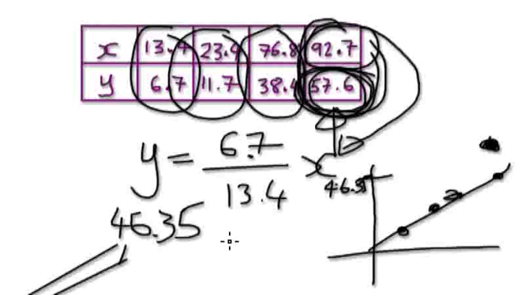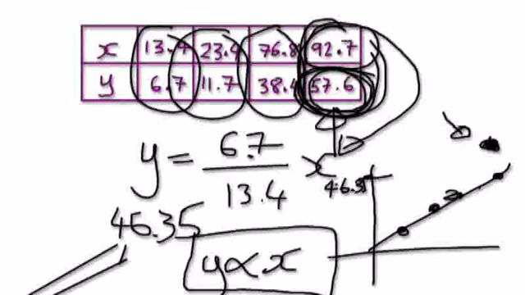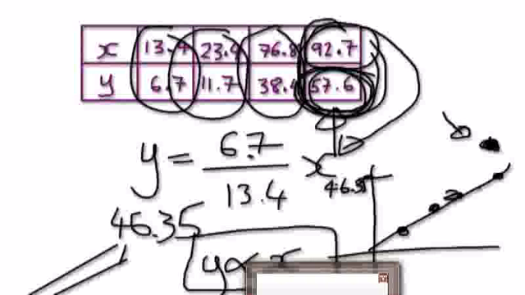So you cannot say y is directly proportional to x, because if y is directly proportional to x, then all the data points should lie on this line. But you've got one point that doesn't lie on the line. So here you cannot say that y is directly proportional to x. Sorry.